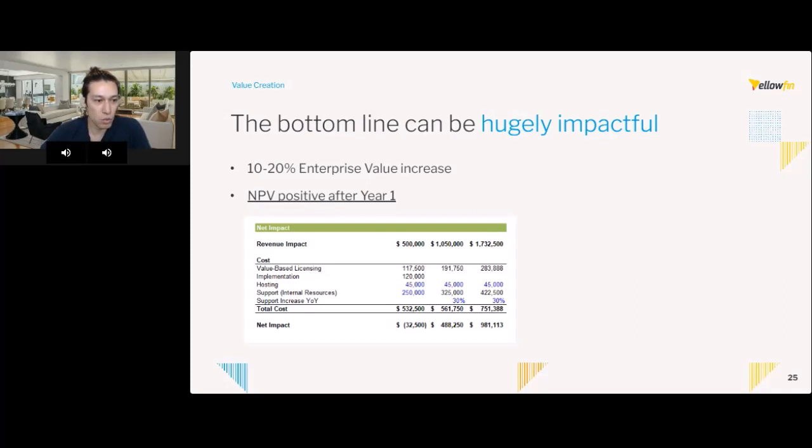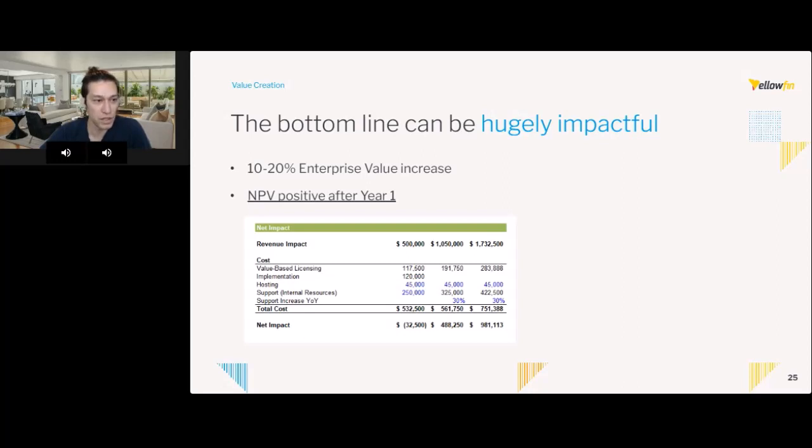So even though in year one, the net impact of the embedded analytics implementation was a loss of around $32,000, that's merely because there was implementation in year one. That would have been a much higher net impact, we'll say, if they had used a traditional pricing model.